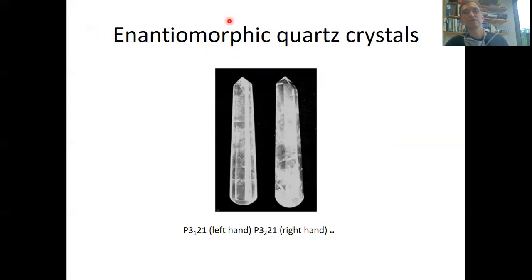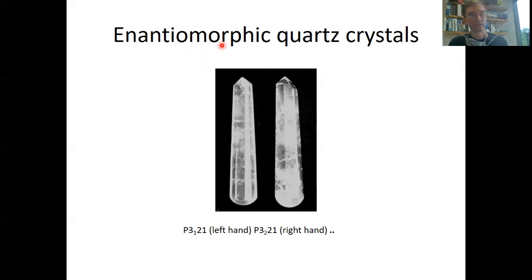So that means that you will find 50% of the crystals associated with one screw axis, and the other 50% of the crystals associated with the mirror image of that screw axis.